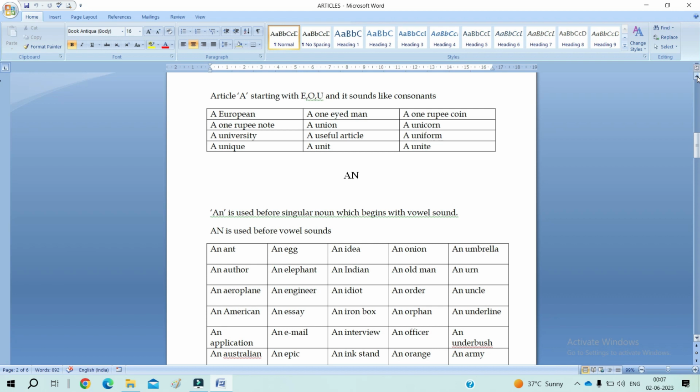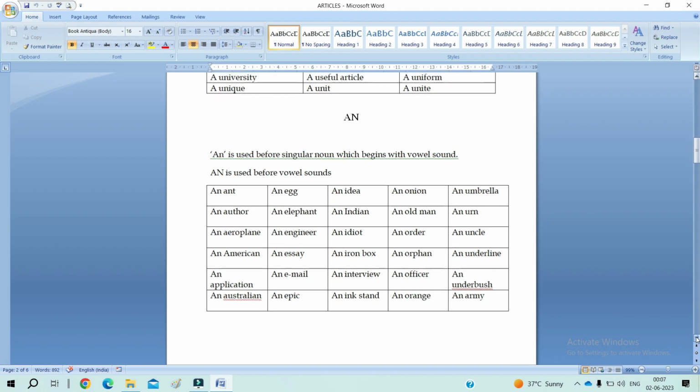Here, before a singular noun which begins with a vowel sound, it is a vowel sound. An ant, an author, an aeroplane, an American, an application, an Australian.